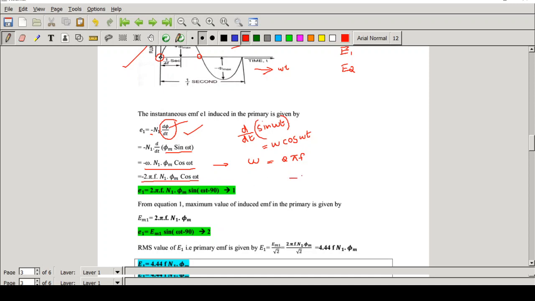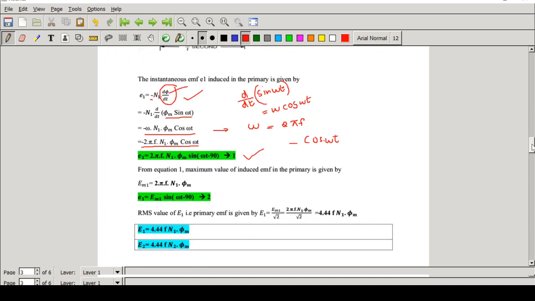Sine of 90 minus theta is cos theta, so minus cos theta is just the reverse: sine of theta minus 90. Applying that, I can rewrite the equation with no minus sign: E1 equals 2 pi f into N1 into phi m into sine of omega t minus 90. This is the expression for the induced EMF in the primary.